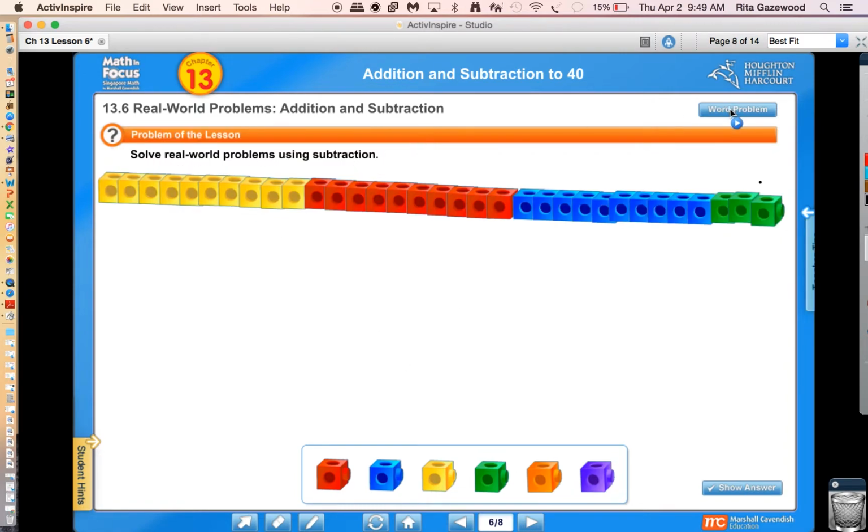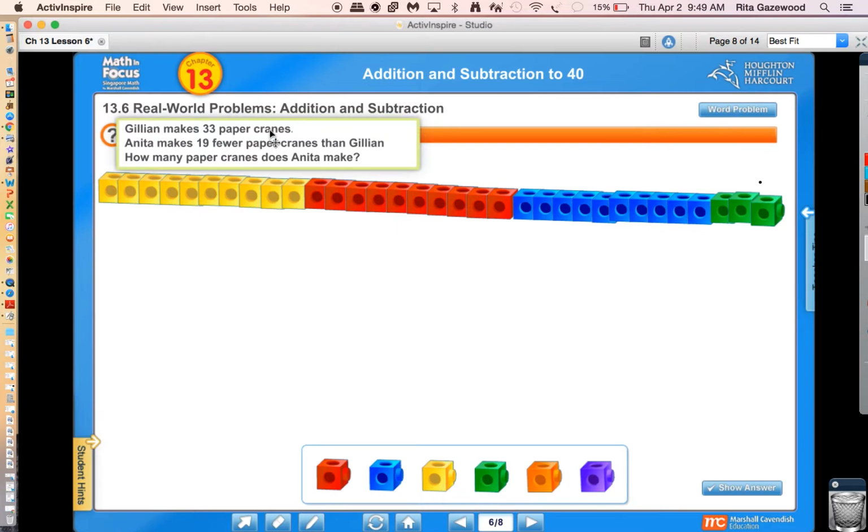So let's remind ourselves what the problem is. Jillian makes 33 paper cranes. Anita makes 19 fewer paper cranes than Jillian. So how many paper cranes does Anita make?